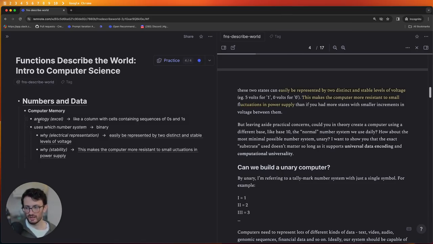So for computer memory, instead of uses which number system, you could say generally uses which number system, because the article is hinting that there's the possibility of computers with other number systems, like with base 10, the normal number system, and then goes on to try and create a computer with just unary. So let's say generally or typically uses which number system.